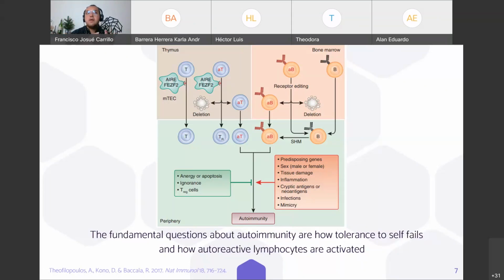There are several mechanisms that could trigger this autoimmunity. I'm telling you, this is not the same in all patients.